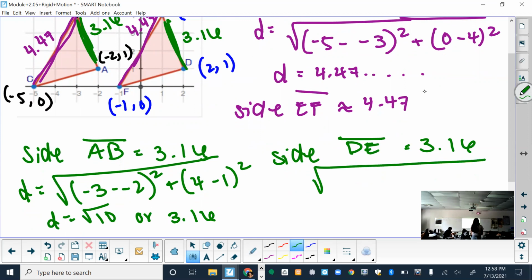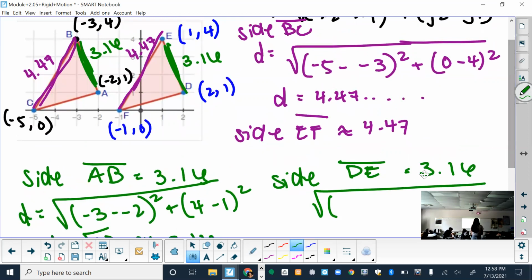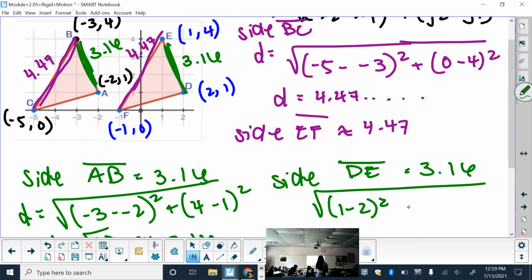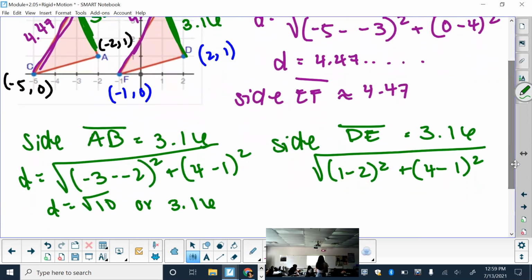Same with side DE: x minus x, so 1 minus 2 squared, plus y minus y, so plus 4 minus 1 squared. Again, we get the square root of 10 or 3.16. Making sense? Good so far?